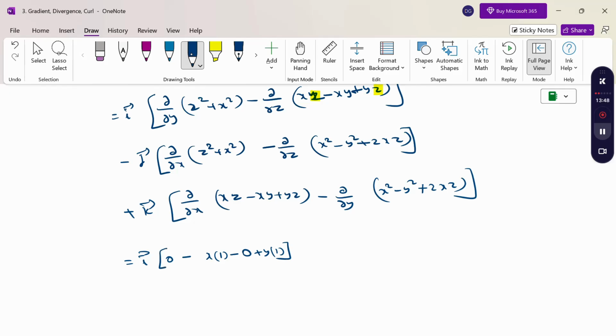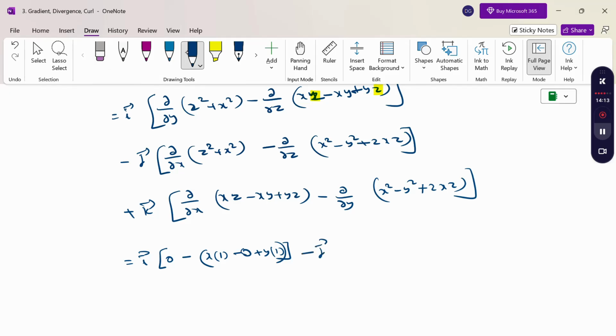Now first 0 minus, and this is outside the bracket, minus of minus xz, then minus of minus y, plus.